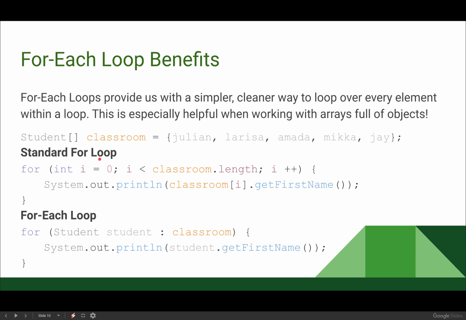In a standard for loop, if I wanted to get the name from every single student in my array, I would need to print my classroom array at index i dot get first name.